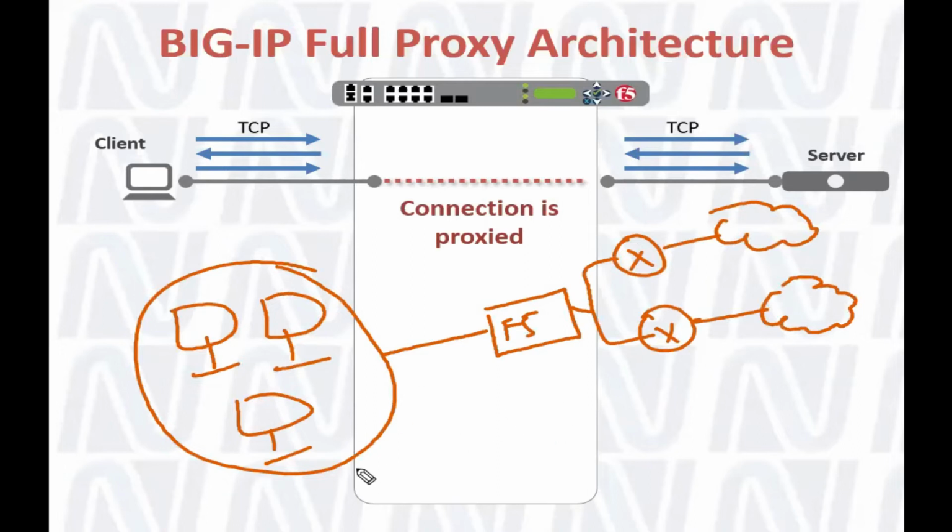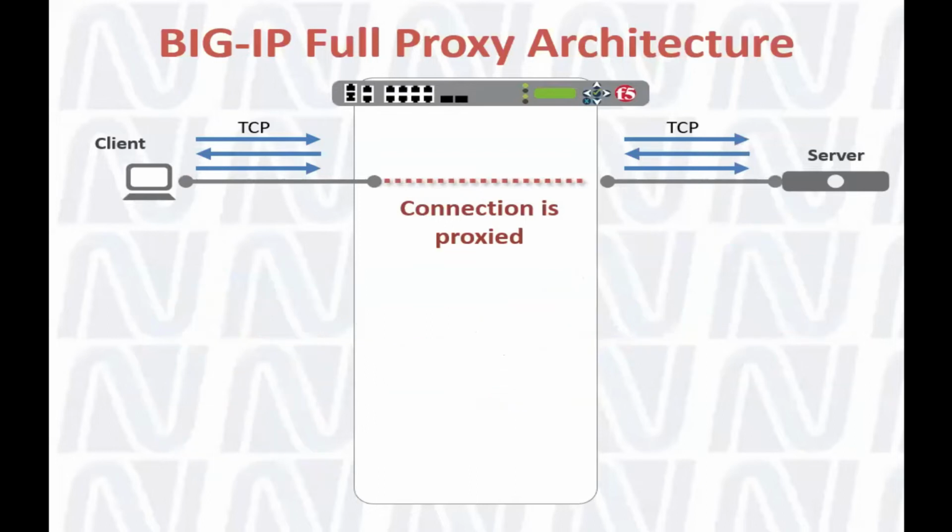This time it is acting as a forward proxy. Got this? Yes. So it is both forward proxy and reverse proxy, and that is why it is named as full proxy architecture.